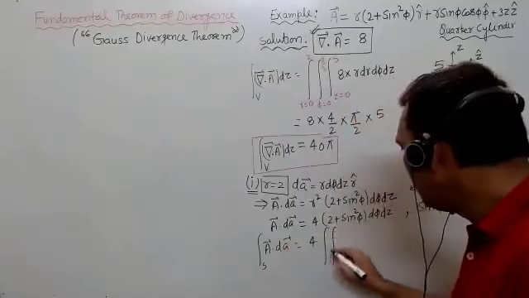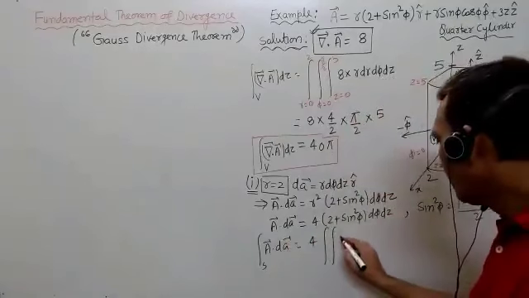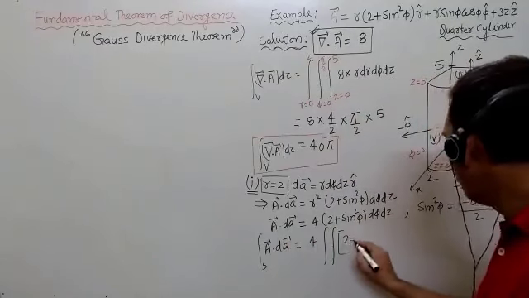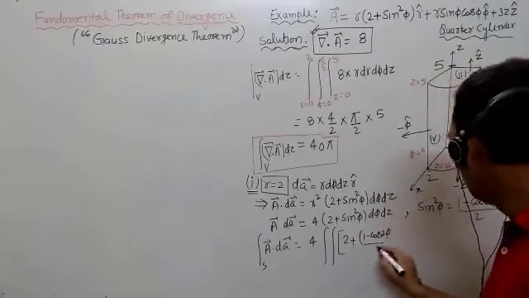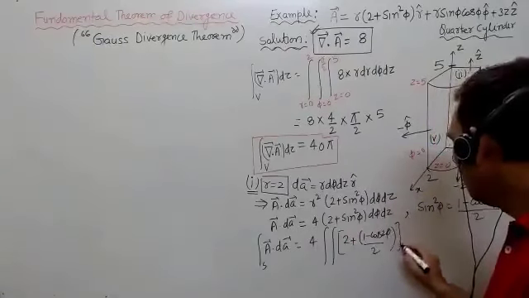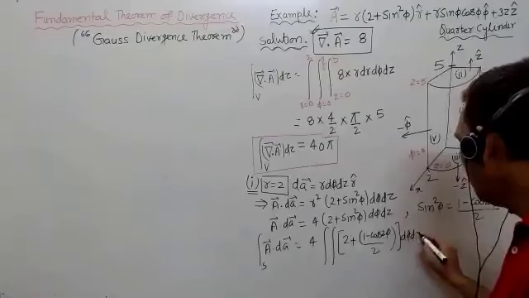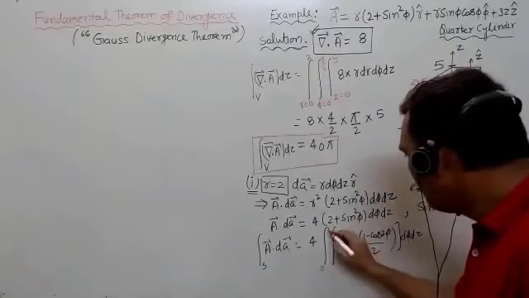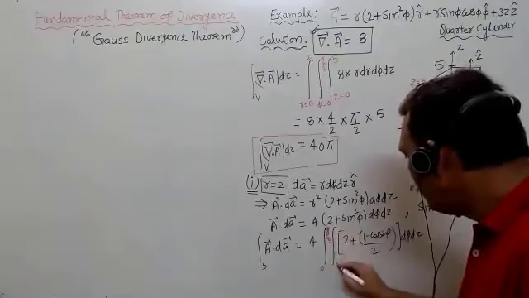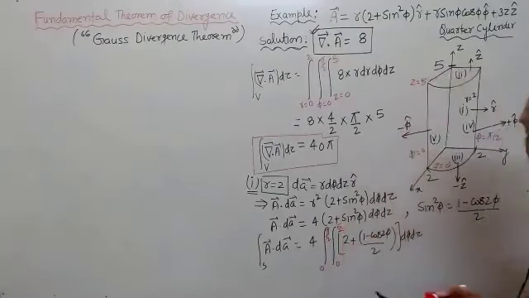This is a double integral. Now you have 2 plus (1 minus cos 2 phi)/2 into d phi dz. Limit of phi will be 0 to pi by 2 and z will be 0 to 5.